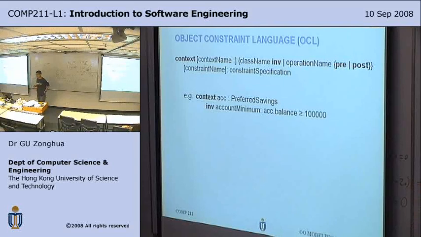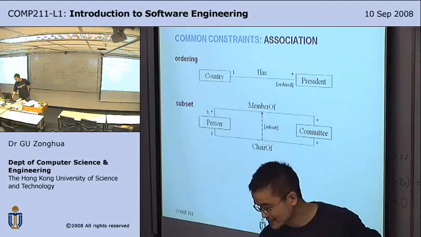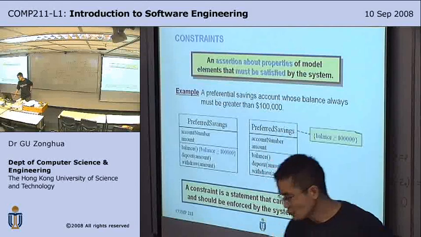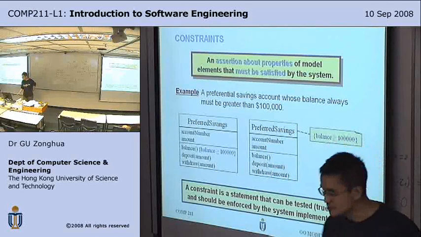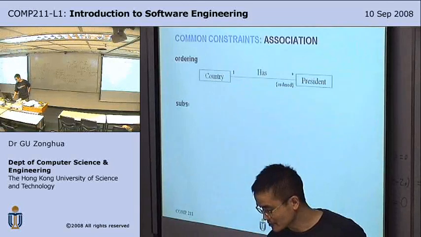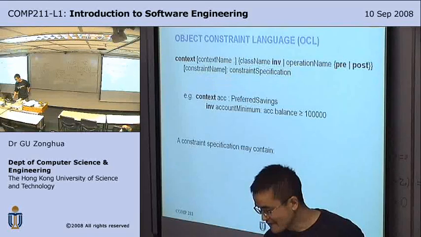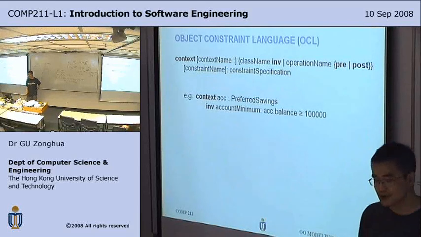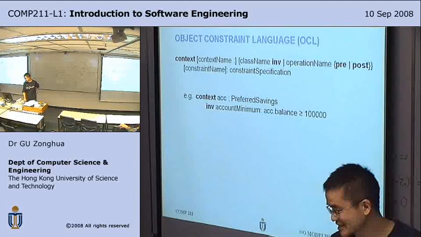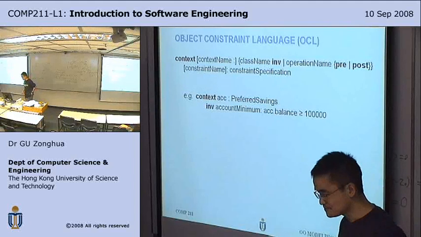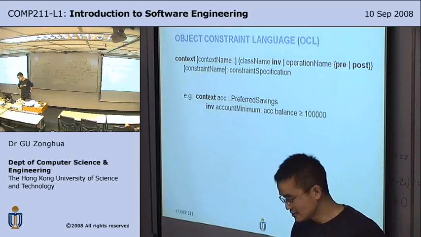So this really expresses the same constraint as what we showed earlier with these two notations. But those are very informal. OCL formalizes it so that you won't have any ambiguities. And furthermore, having a formal language allows you to use formal verification tools to verify these constraints with computers instead of always having a human to understand it.